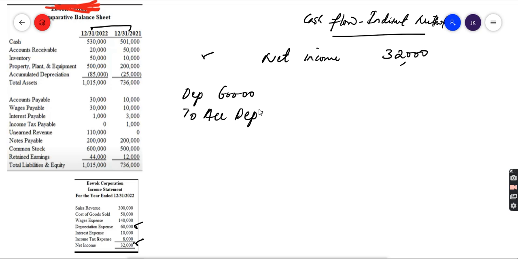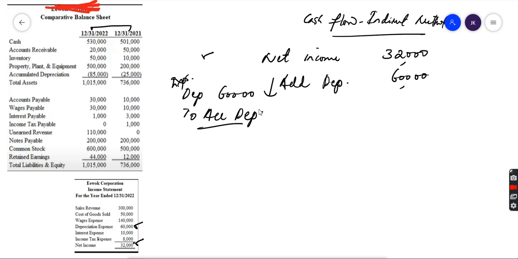Since this is an expense account, right? This might have reduced net income. But then really no cash has gone out, right? No cash has really gone out. So therefore, we have to add it back. So we have to add depreciation. This is a non-cash expense that has reduced the net income, so we'll add it back. Okay, that's what we do.